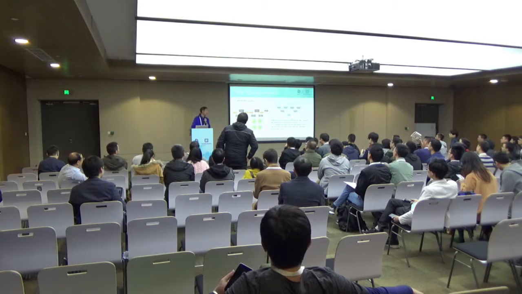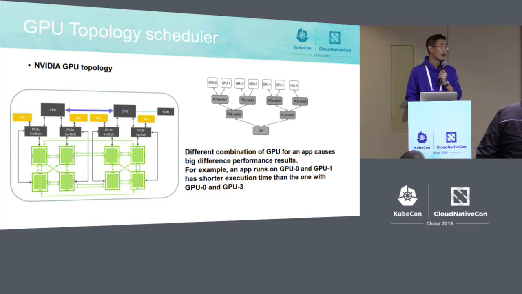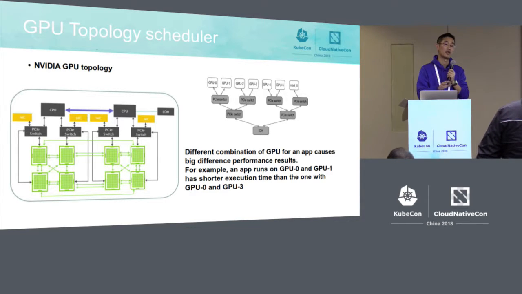First of all, about the connection of GPUs, the connections of GPUs are described by NVIDIA. They will tell you how they are connected, and for each type of connection, they will tell you the performance as well. By using the NVIDIA driver, you will know in what type of topology the GPU is displayed.